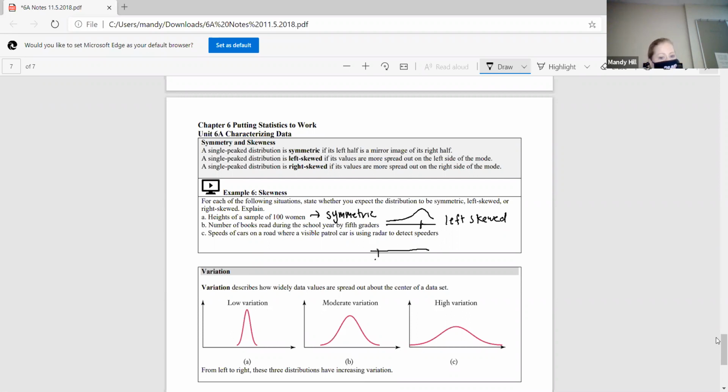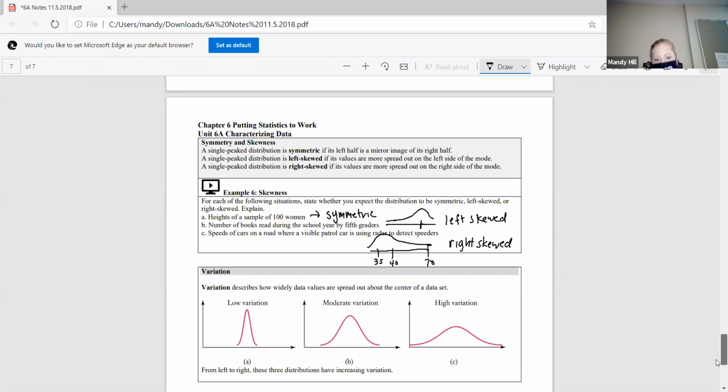Let's just put some numbers with this, like 30, 40, and let's say this up here is like 70. These numbers down here are going to be a lot more than this up here, right? You're going to see more people slowing down and traveling these lower speeds, and that would be right skewed, because they don't want to get pulled over. So they're not going to travel fast. So we've got more people in this group. Okay, does that make sense?